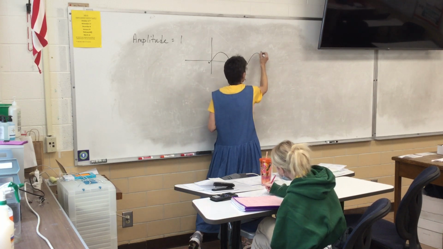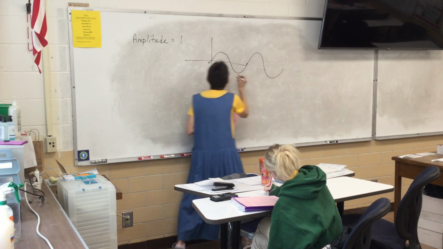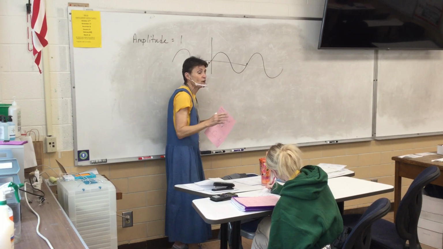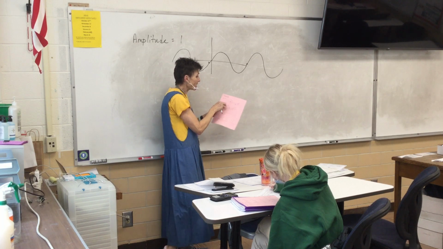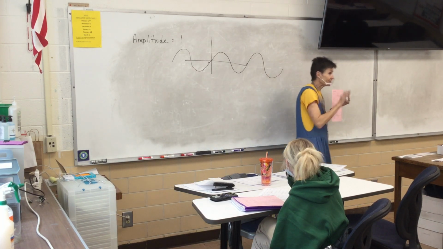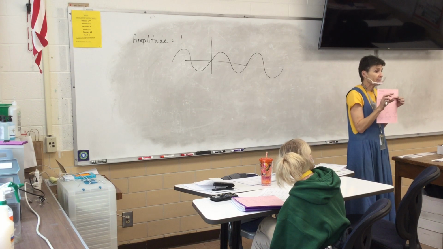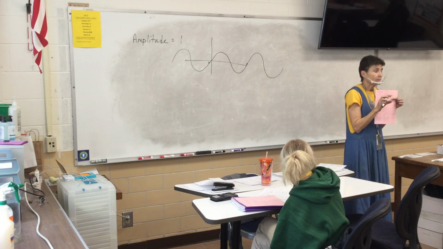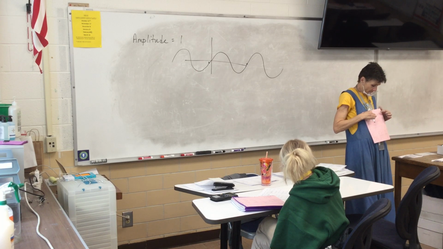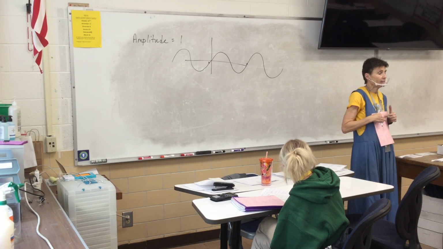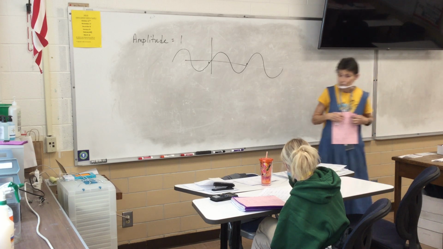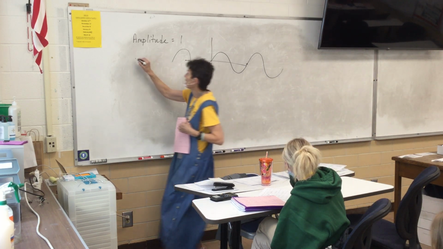That means that it does it again, and it does it again, and it just keeps going. So what I drew is 1 period. A hill and a valley is 1 period. How far is it from the beginning to the end of that? 2 pi. Your period is 2 pi.